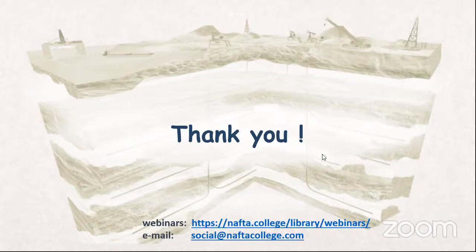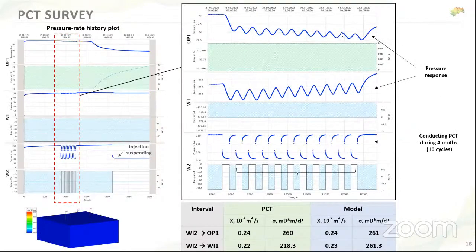Yes, very good question. Let me go to any of the examples, for example, here. In an ideal world, we may need only one cycle. If we know everything, if there is no noise, no pressure disturbances, then we can change the rate of the well and see the response exactly in the other wells. But in real life, we may have significant noise.